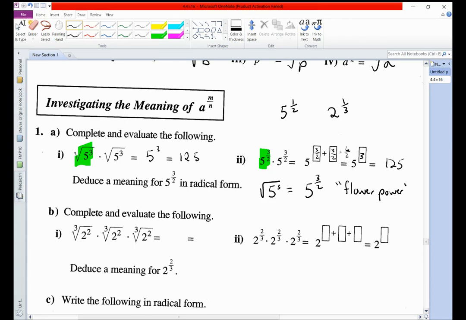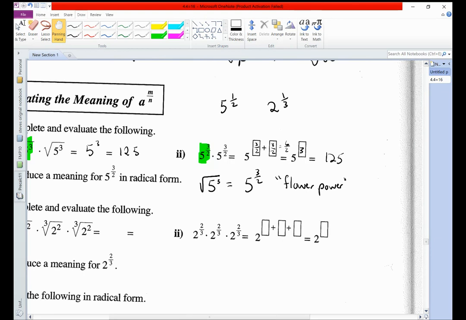But the reason she taught me this, and it actually sticks with me, is because if we have 3 over 2, if you imagine this exponent fraction to be a flower, you have your nice flower here in the top, but the bottom actually is roots, right? If that's the ground. So those are your roots. So this is how you remember that the bottom of the fraction is the index of your root, and the top is the power or the exponent. So flower power. Flowers on the top, the roots on the bottom.